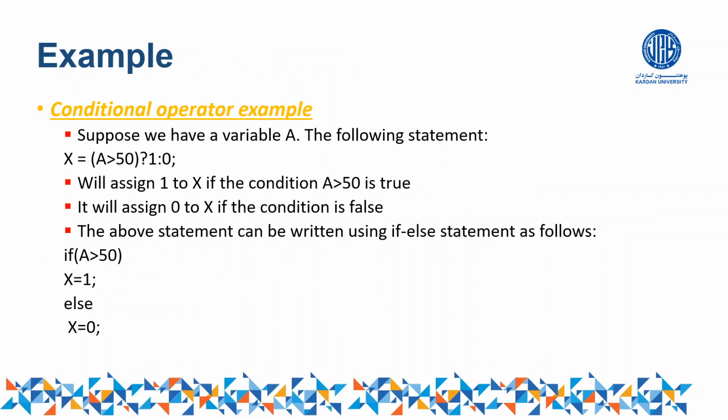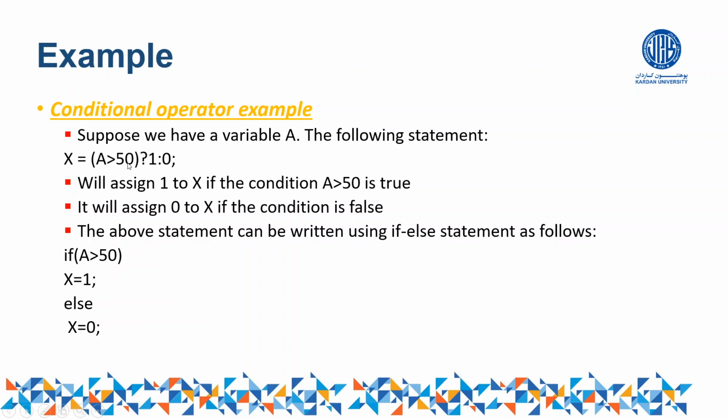Now this is a very good example. Suppose we have a variable a, and the following statement for x. Now this x is used here with the condition a greater than 50, or a may be equal to 50.